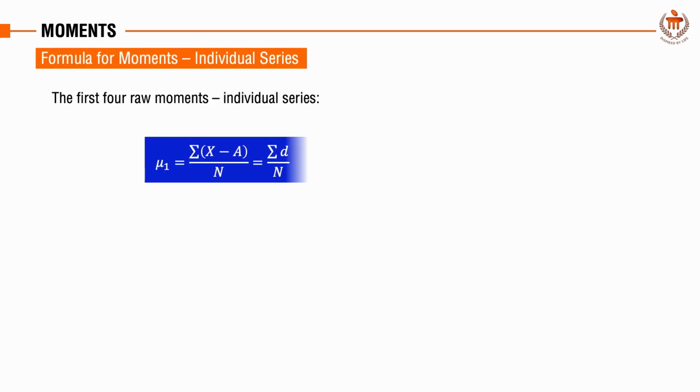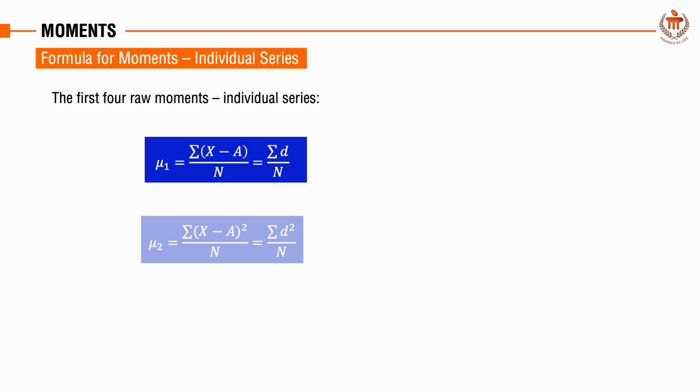Now, discussing the formula for the moments for the individual series. This is the formula for mu1, where the formula is summation of (x minus a) by n, also called summation of d by n. If we want to calculate mu2, then it would be summation of (x minus a) whole square by n, or summation of d square by n.